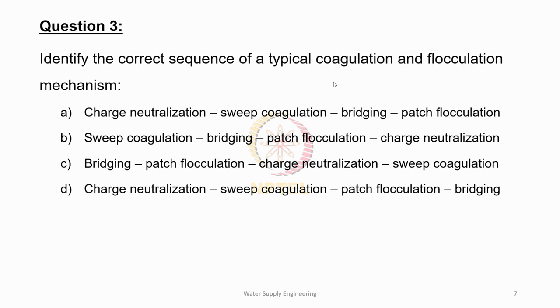Option C, bridging, patch flocculation, charge neutralization, sweep coagulation. Option D, charge neutralization, sweep coagulation, patch flocculation, bridging. So, which one of the following is the correct sequence of typical coagulation and flocculation mechanism?